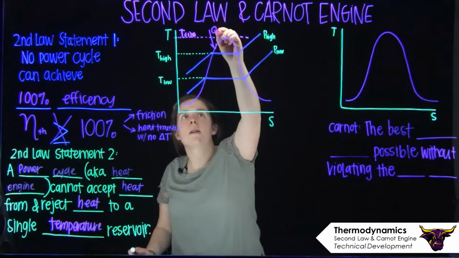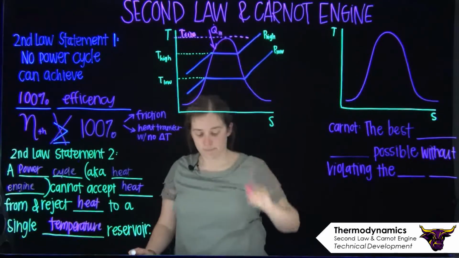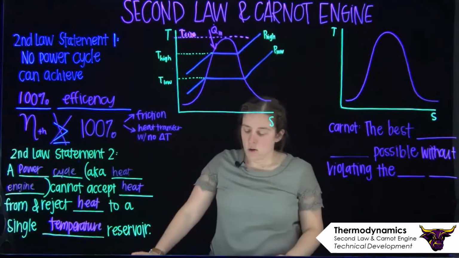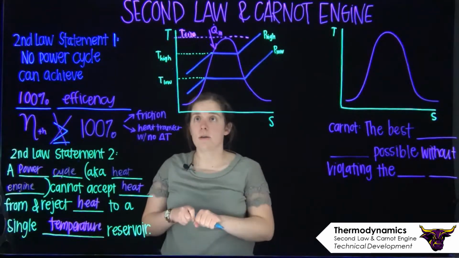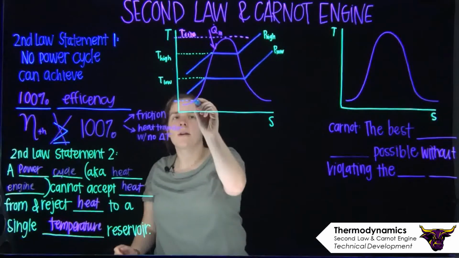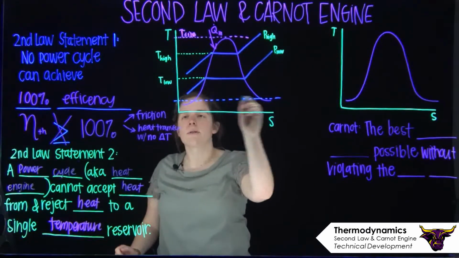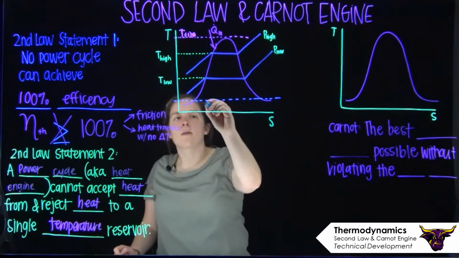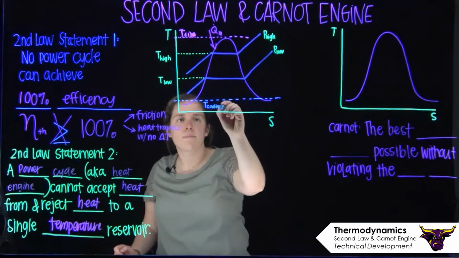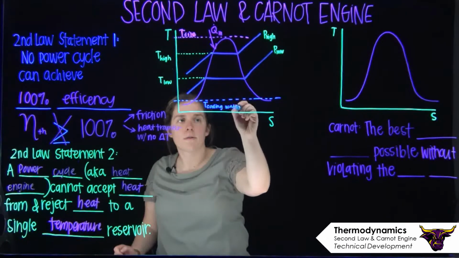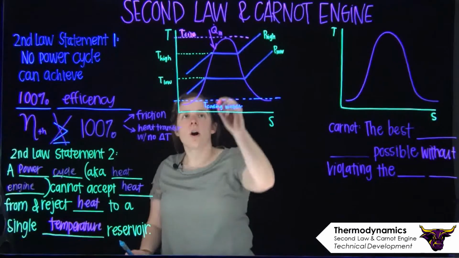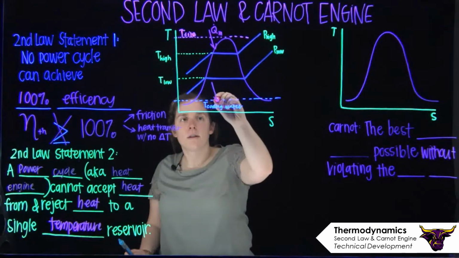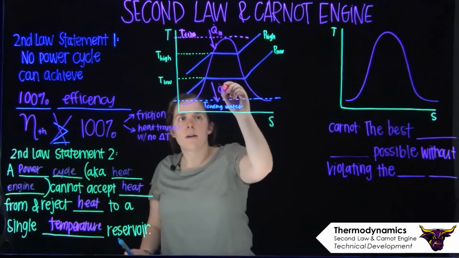So this would be Q in. And then when we are trying to cool something using our condenser, we're down here at some sort of temperature. And this is going to be the temperature of the cooling water. And that is going to draw heat to it in our Q out.